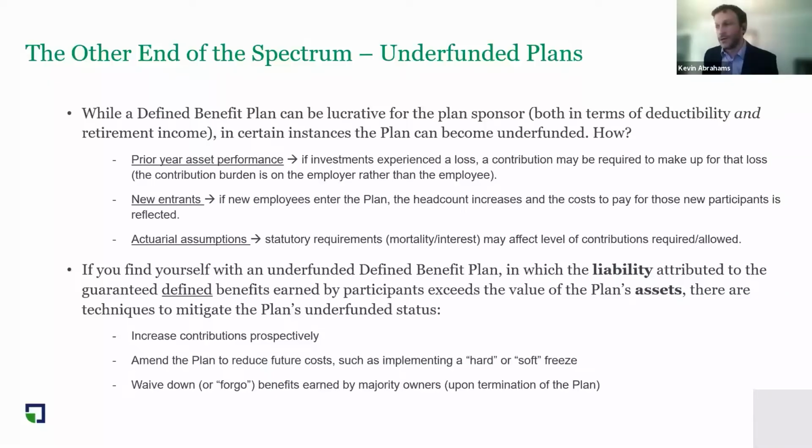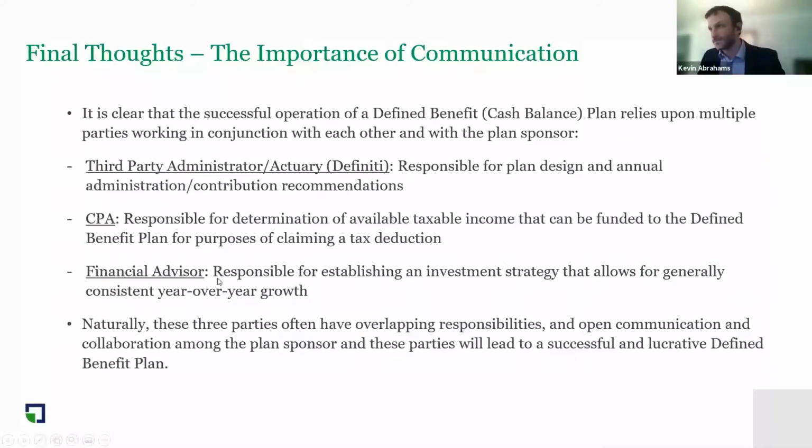Well, they have the option as the majority owner to either fund that final $100,000, then quickly turn around and take the $1 million out, or they could forego, which is how it's written in the regulations, or waive down, so your benefit is now 900,000, which is equivalent to what the plan assets say. This is only something that's available when you're terminating the plan. And so if you find yourself in a shortfall situation on an ongoing basis, we would need to look at one of these other techniques.